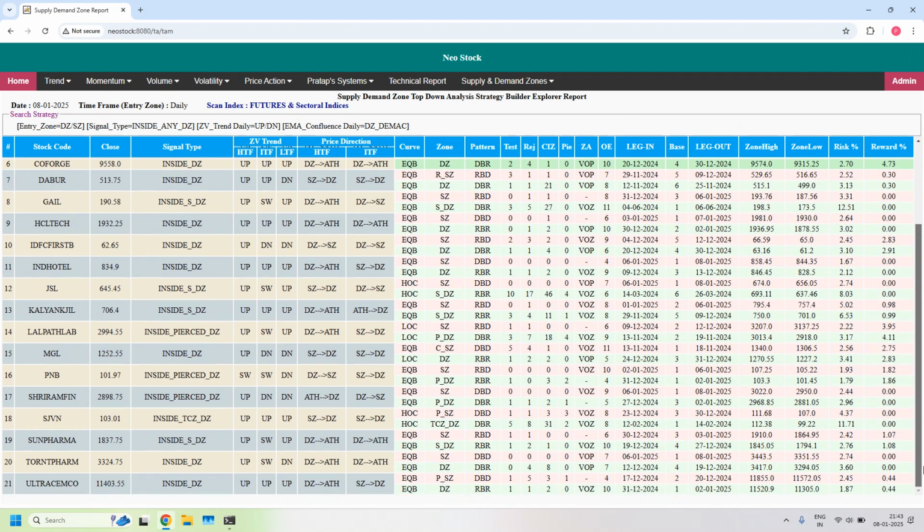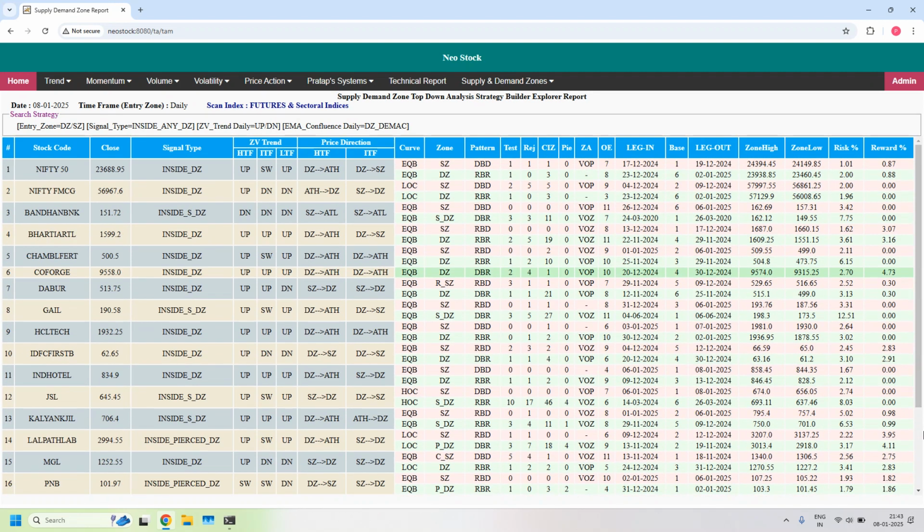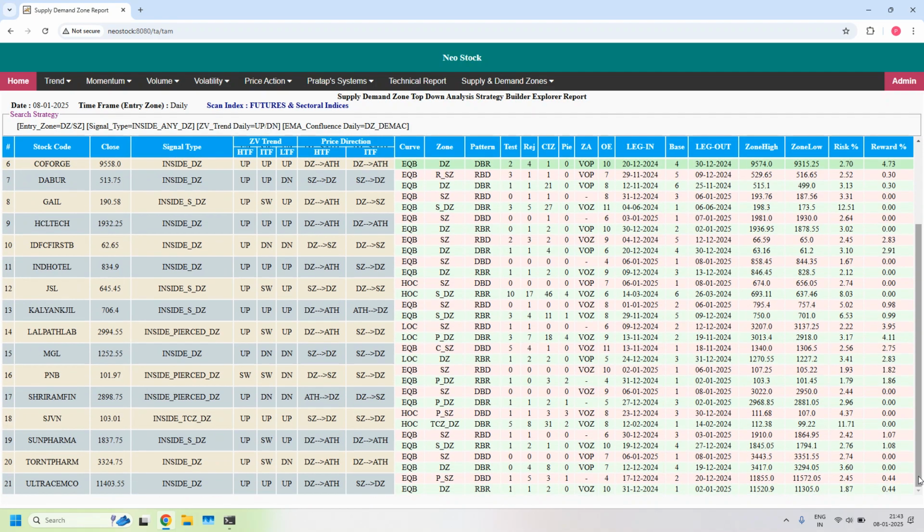Now the list has come down to 21 instead of 79. So first 16 stocks in the list. I am scrolling the list down. So total 21 stocks are filtered. All these daily demand zones are having daily EMA Confluence, and current price is closed inside the daily zone. Some of these zones are pierced zones.